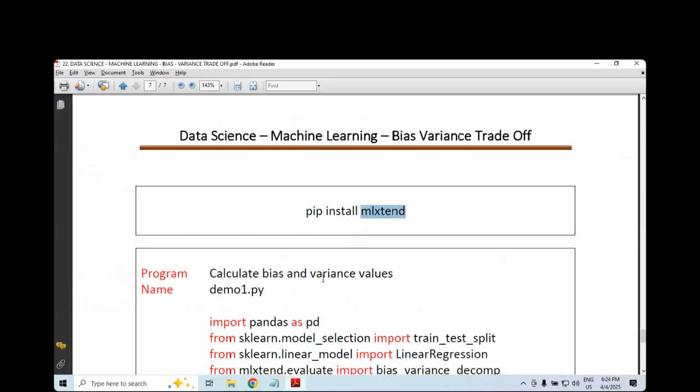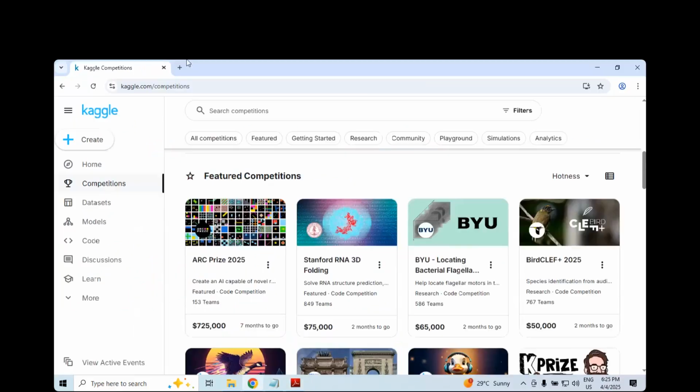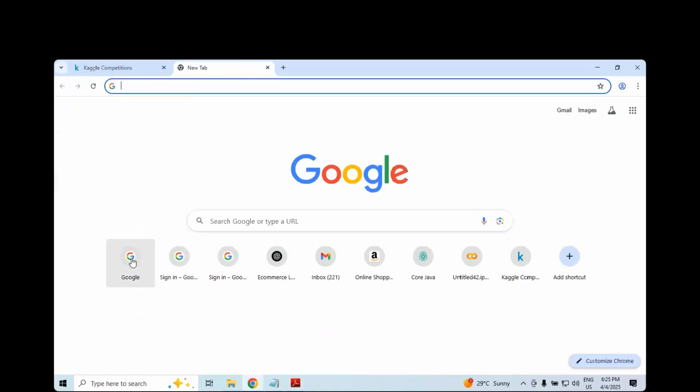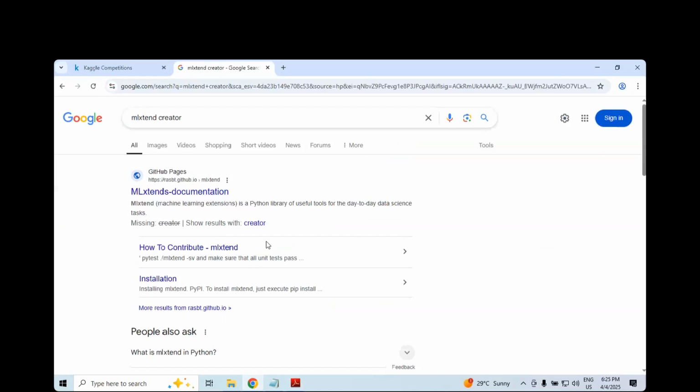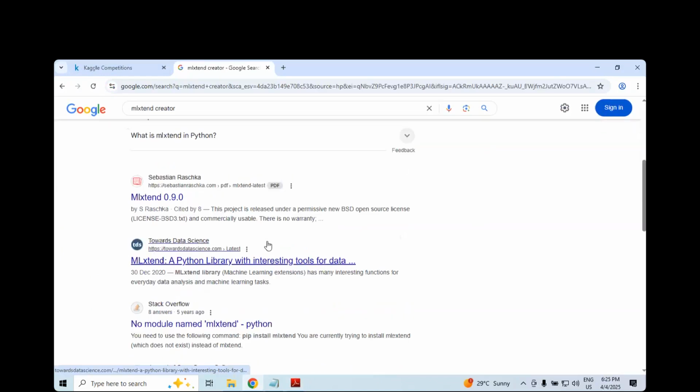What is the library name? MLxtend. Let me show you the author name first of all. You should know the author. MLxtend creator Sebastian. Let me cross verify. Yeah, he's the person.